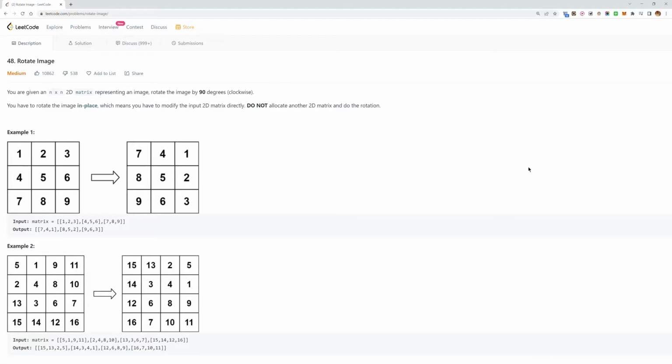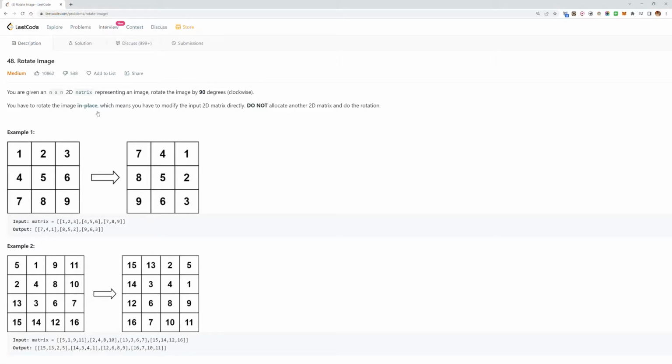Reading the question really helps me decipher what to work on. If you're struggling with what to do, I would say read the question and take key points from it. So I see an n by n 2D matrix. I see rotate by 90 degrees clockwise.